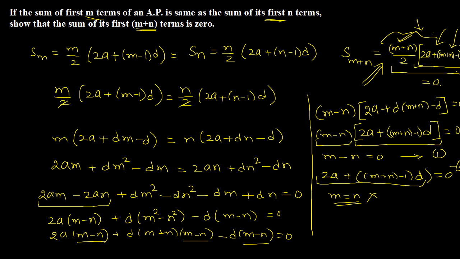If I substitute 0, the sum of m plus n equals (m plus n) divided by 2 multiplied by this entire thing, which is 0. So automatically, the sum of m plus n is going to be 0.